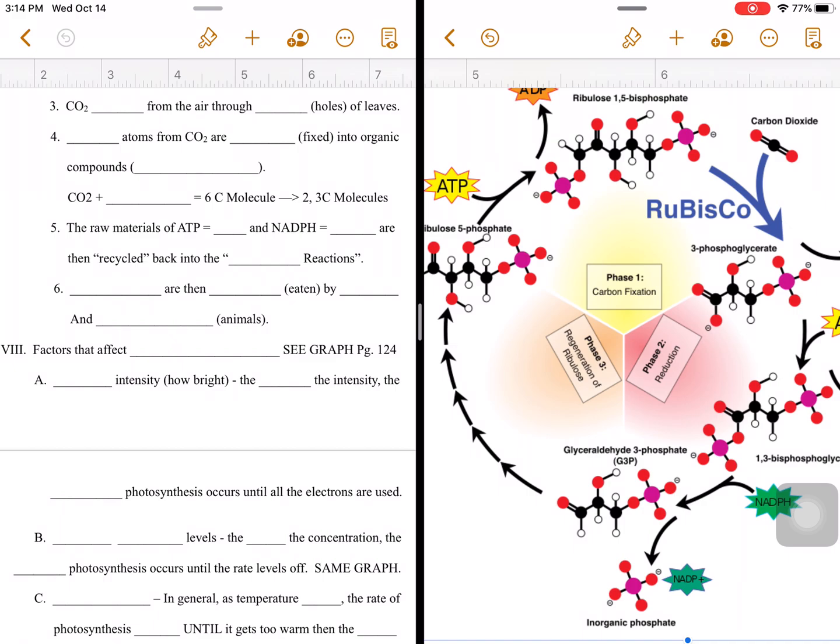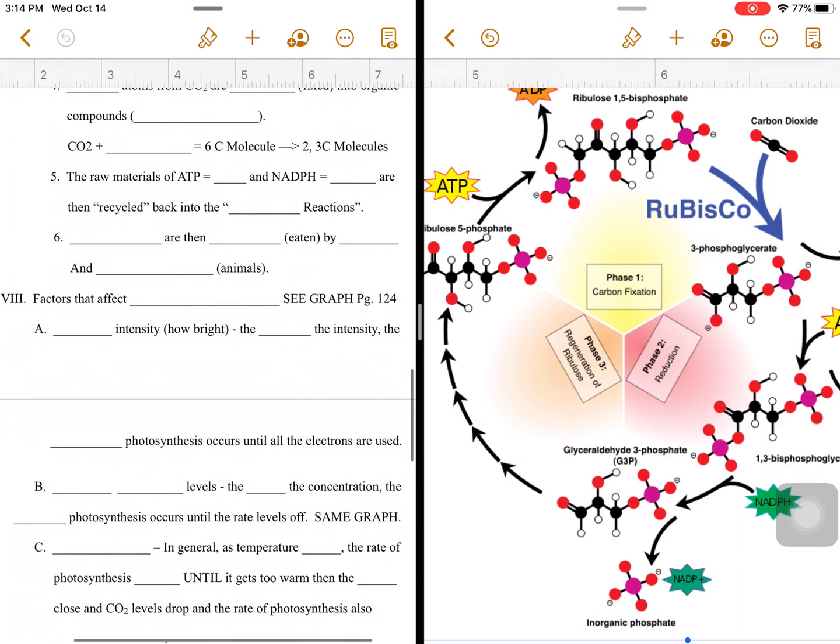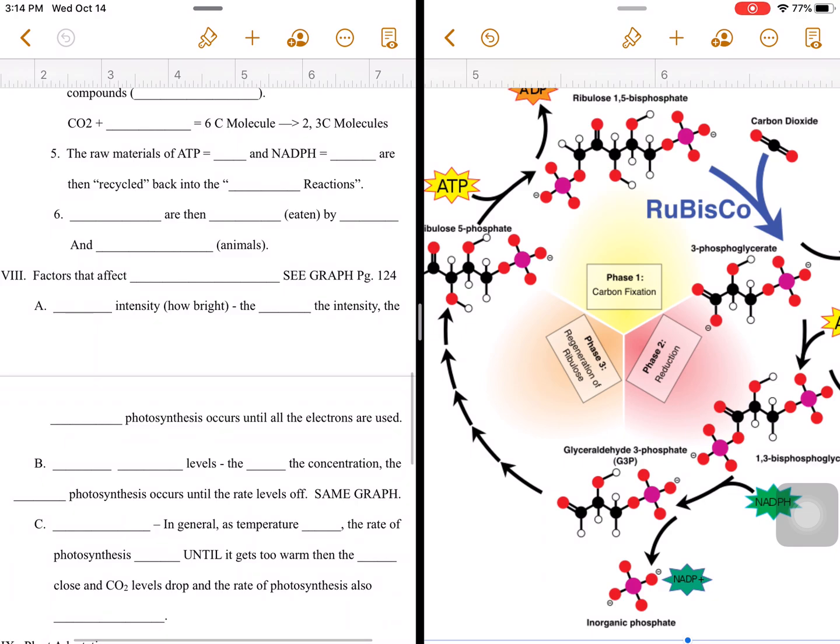So everything's getting recycled in this process while we're making these carbohydrates. And then finally, number 6, carbohydrates are then consumed or eaten by autotrophs and heterotrophs, which are your animals. So they're eaten by the autotrophs that make them, and then heterotrophs come in and they eat the autotrophs, so they are also given energy. So that's part 2, and I will give you part 3 of your notes here in just a second.